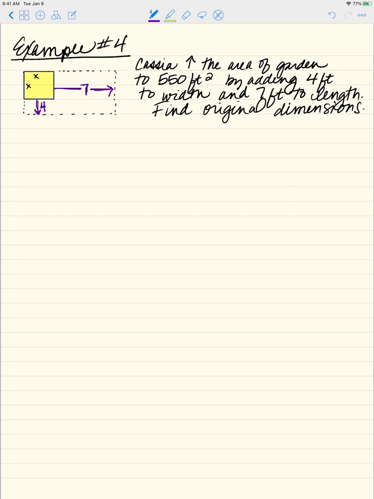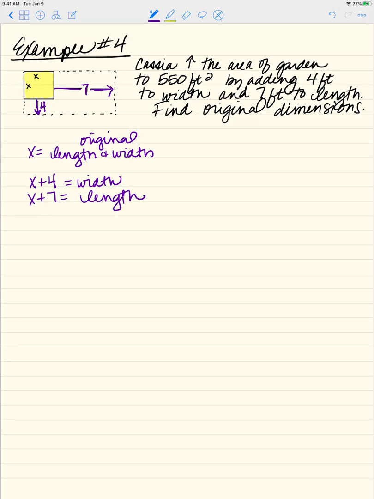So x is equal to the original length and width of her original garden. The new garden is x plus 4 is the width, and the length of the new garden is x plus 7, okay? Now, area is equal to length times width.